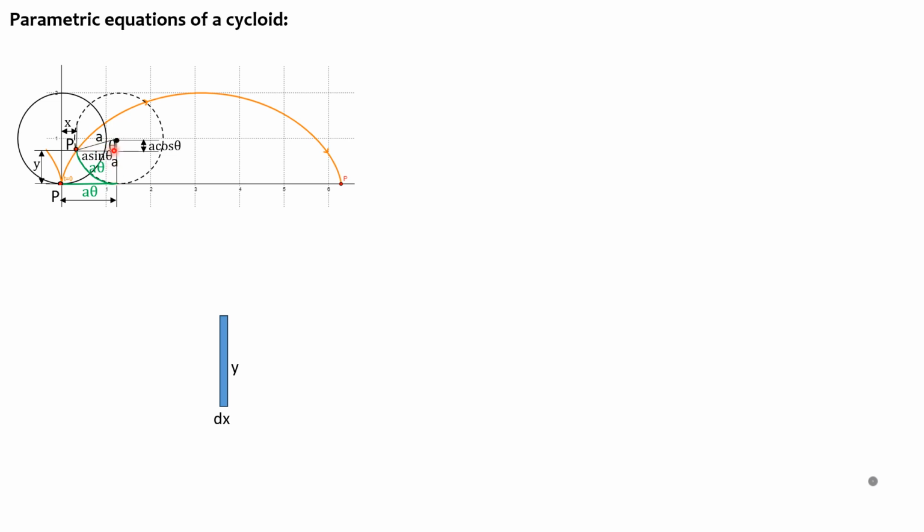And if this is theta, then we have here formed a right triangle, where the hypotenuse is A and this is opposite of theta, therefore this is A sine theta. Likewise, this small leg of the right triangle is adjacent of theta.